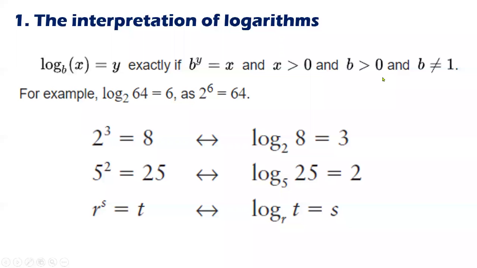All right, first of all, let's have a look at the interpretation of logarithms. Logarithm is denoted by this line here. log_b x equals y exactly if b raised to the power of y is x, and x is greater than 0, and b is greater than 0, and b is not 1.